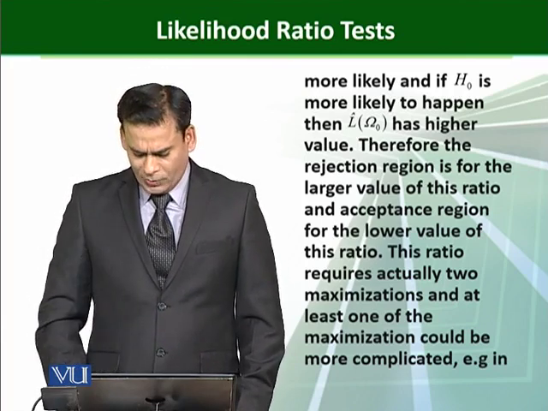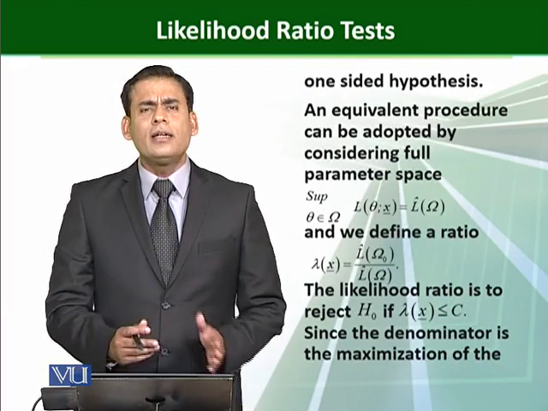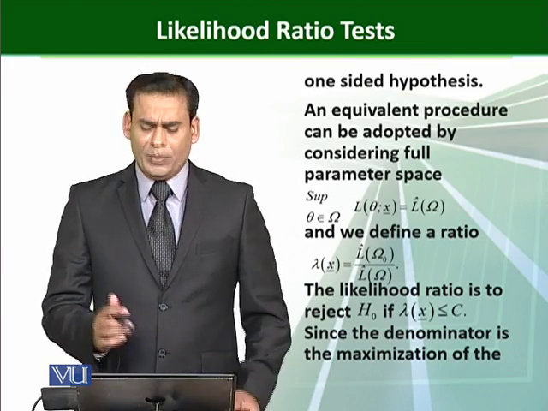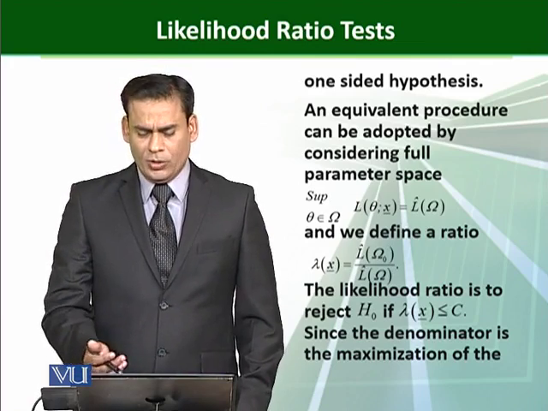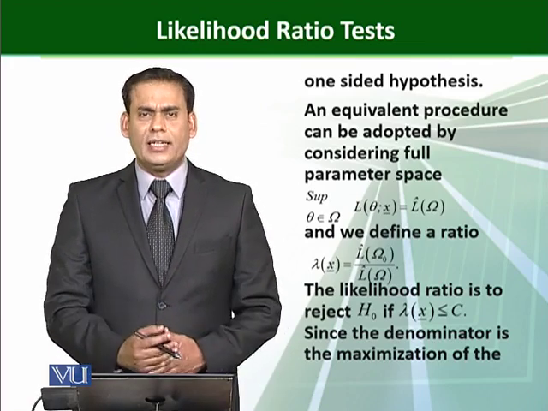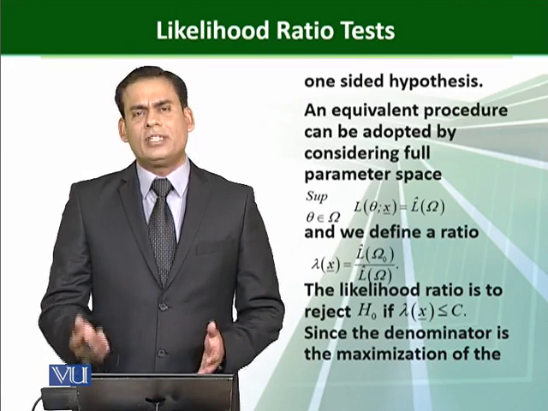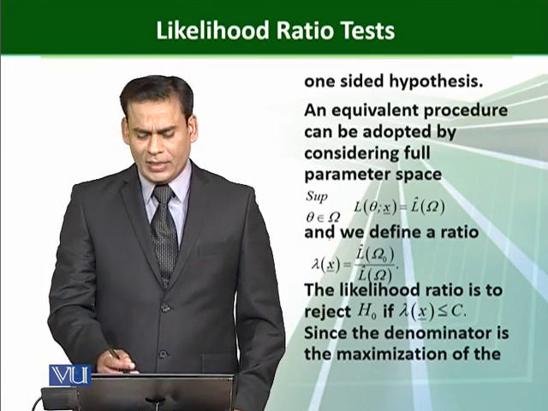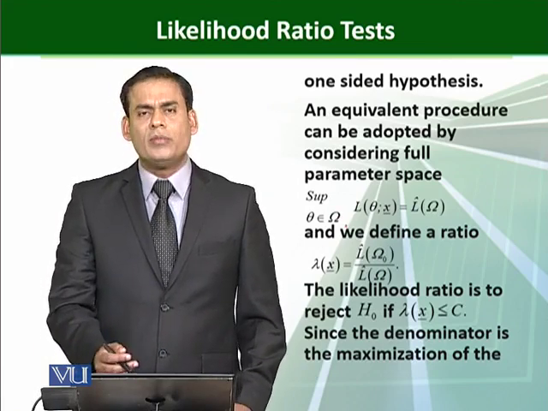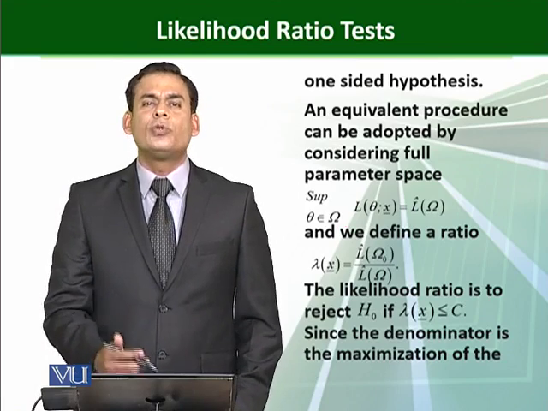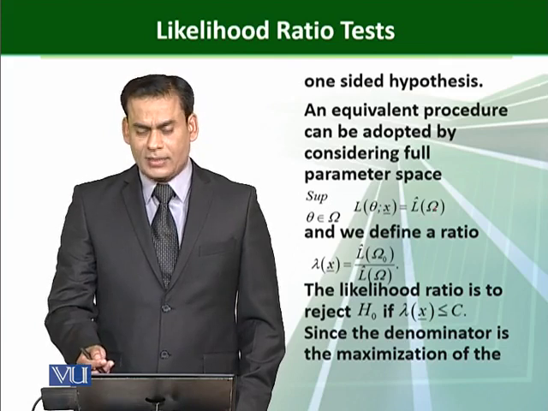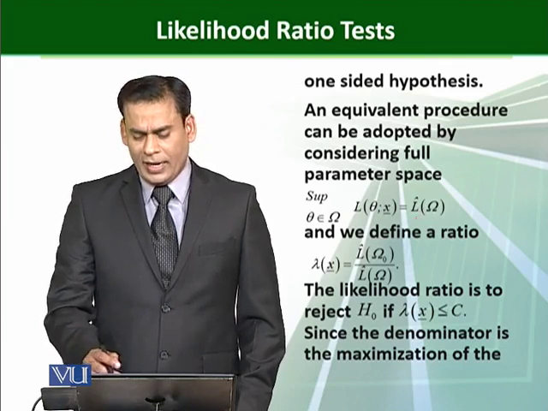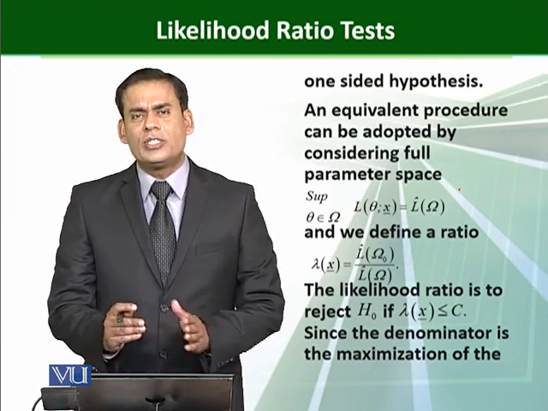To avoid this problem, another equivalent procedure can be adopted by considering the full parameter space. So instead of considering the alternative hypothesis, we consider the full parameter space. On the same line, theta belongs to capital gamma, taking the supremum of L(theta, x), because we are interested in finding the likelihood function.